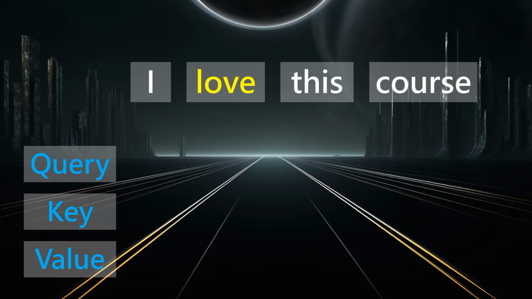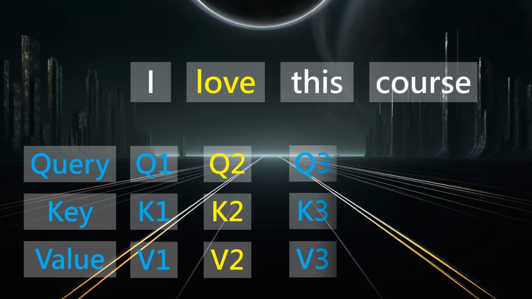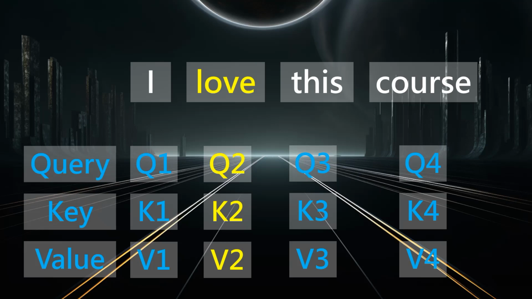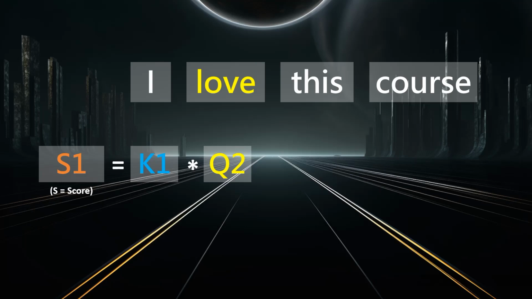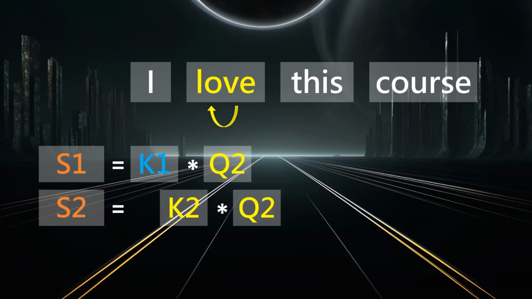We use the sequence of these words to name their 3 vector values: Q1, K1, V1, and Q2, K2, and V2, and so on. We use the word love, for example. Its relationship with the word I will be Q2 times K1, which equals S1. The S stands for score.